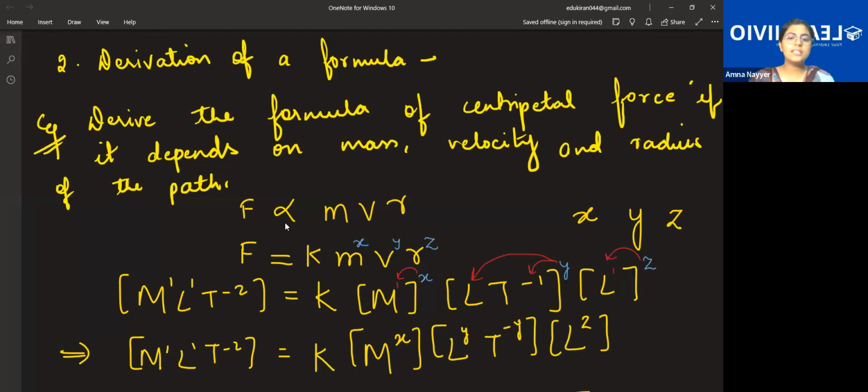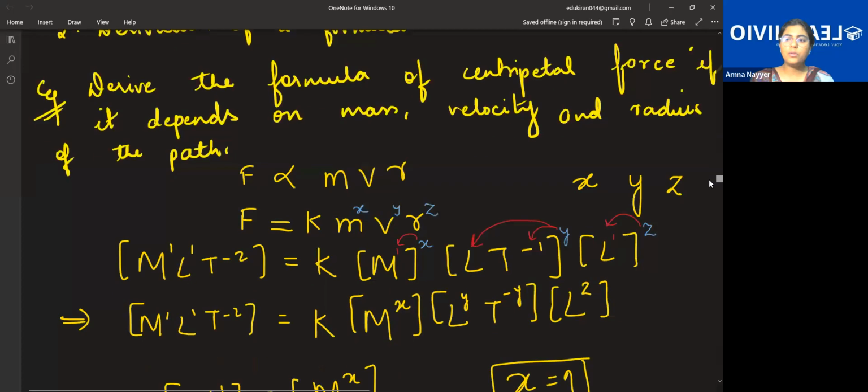And this is just to remove the proportionality sign. We put an equal to sign with a constant k. Then these powers are multiplied. x is multiplied here, so this became M to the power x. This was LT to the power -1, so this became L to the power y multiplied to T to the power -y. Then we had L to the power z.